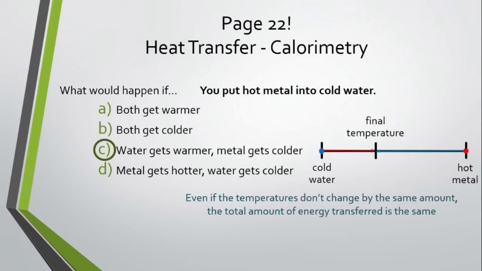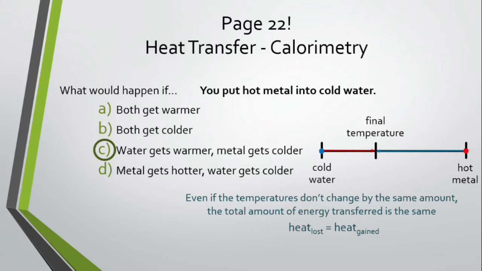So the heat transfer is the same, even though the temperatures are going to be different. And we saw how having different specific heats for different materials with these previous equations could cause those temperatures to be different while having the energy be the same.